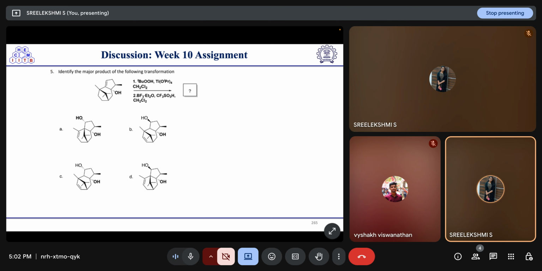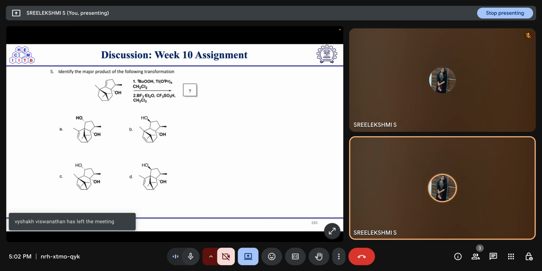Now moving to the next question, identify the major product of the following transformation.